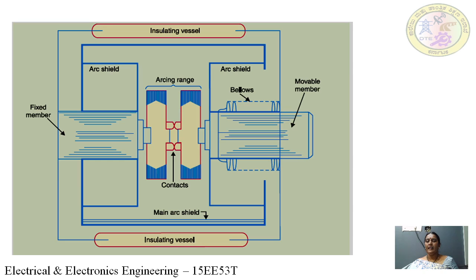There is an arcing range that is exposed by the contact, and there is a main shield. The moving contact and fixed contact are shielded, and this is enclosed in a glass or a ceramic vessel, that is an insulating vessel.